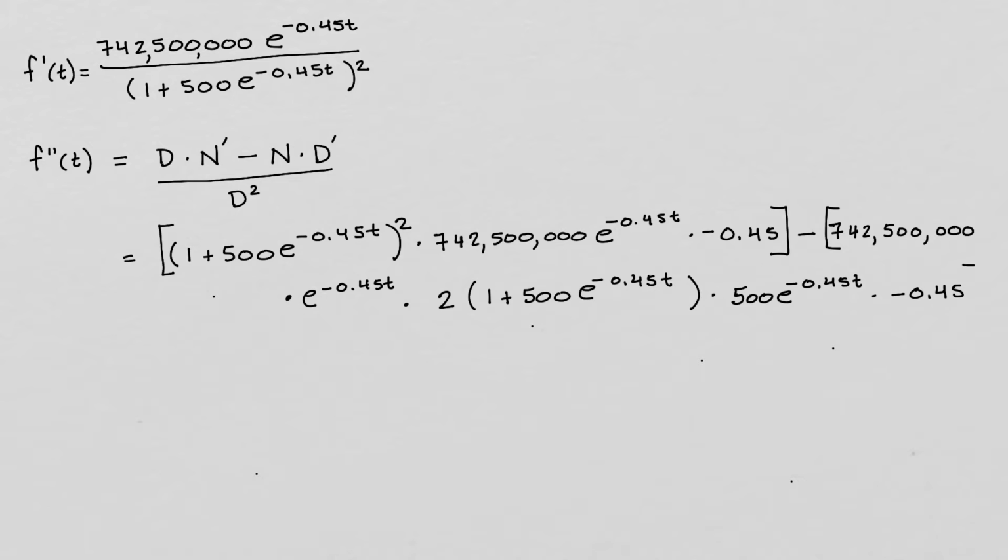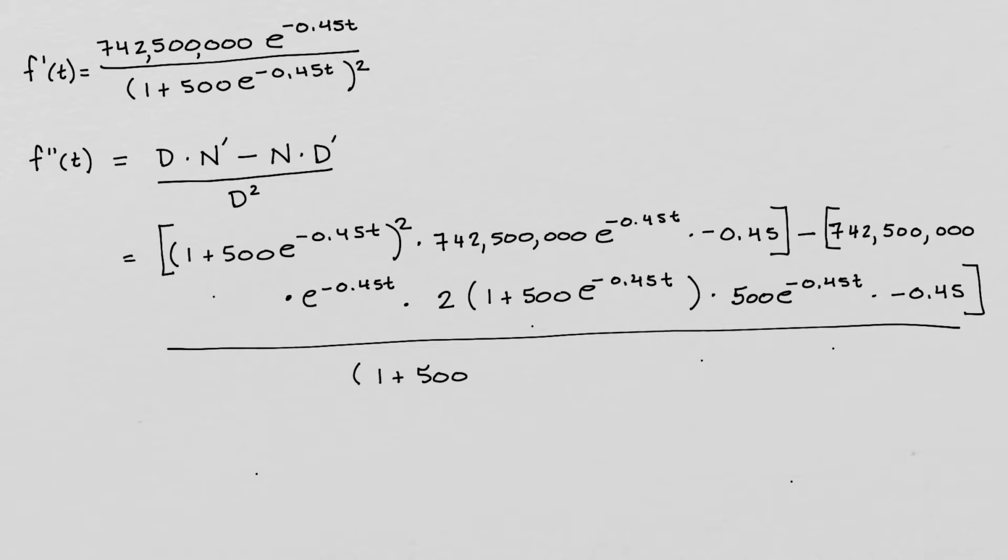Okay, so this and this, all the way to there, that's the second part. And it's all over the denominator squared. So this is going to be to the fourth because it was to the second power, and then we square that and we get the fourth power.